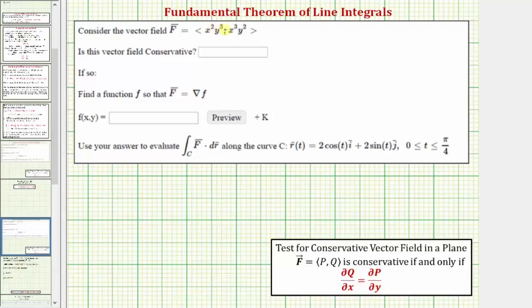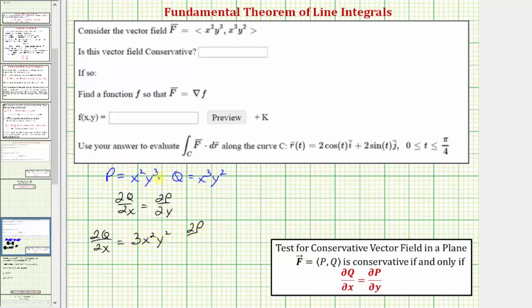So notice for our vector field, p is equal to x squared y cubed, and q is equal to x cubed y squared. So this is conservative if the partial of q with respect to x equals the partial of p with respect to y. Well, the partial of q with respect to x is equal to the derivative of x cubed y squared with respect to x, which would be 3x squared y squared.